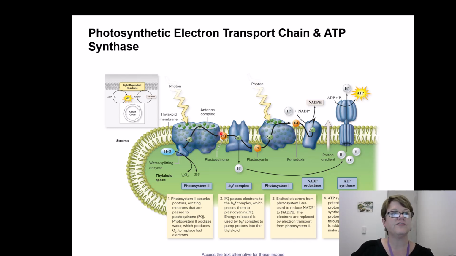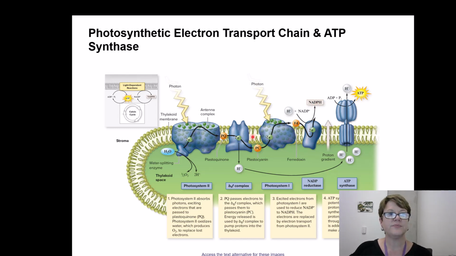Those electrons are then passed along the membrane, like I was saying before, till they get to the next photosystem, which is actually called photosystem 1.